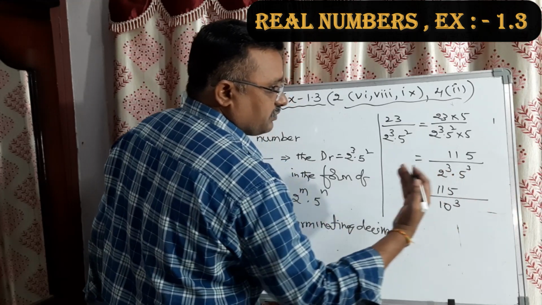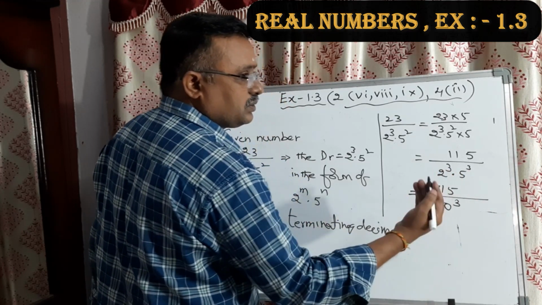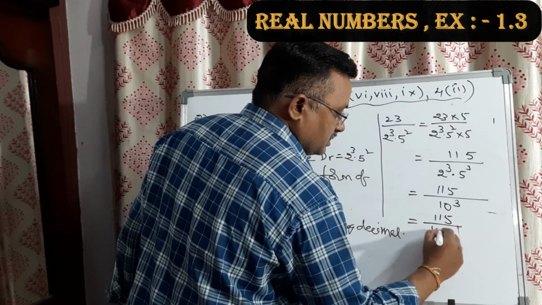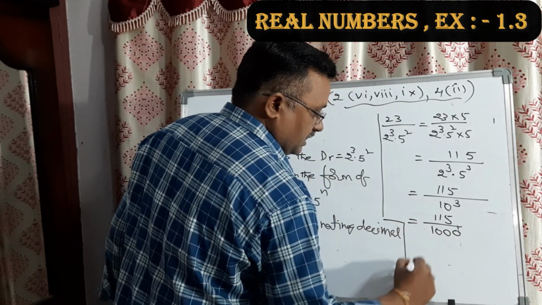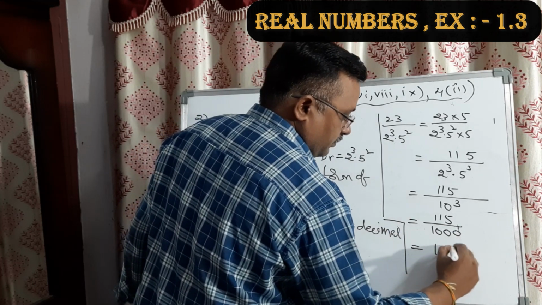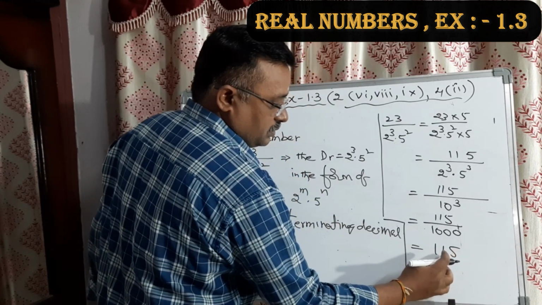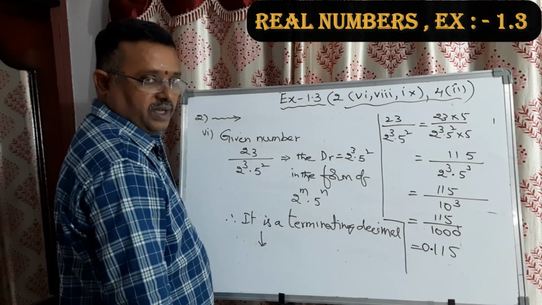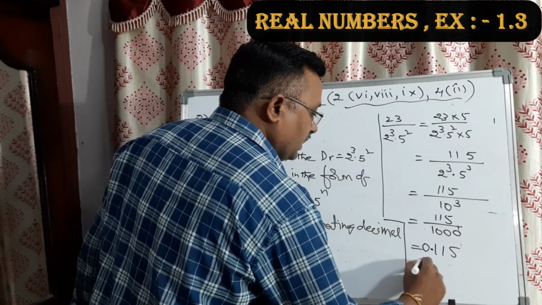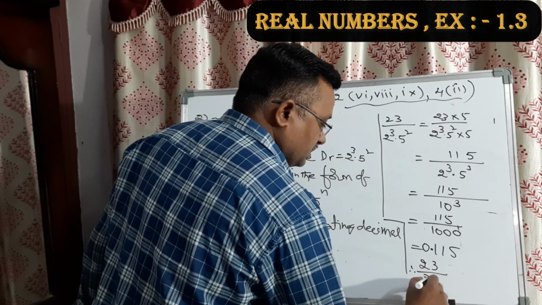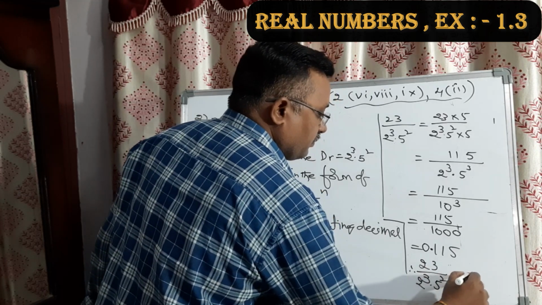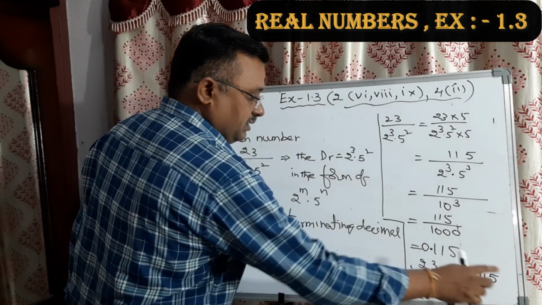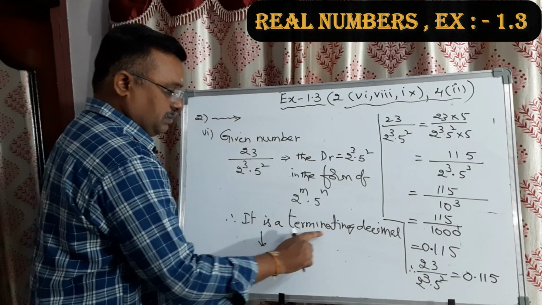From right to left, after 3 places take the decimal point, therefore its value is 0.115. So the conclusion is that the decimal form of 23 by 2 power 3 into 5 square is 0.115, terminating with 5. So the number is a terminating decimal.